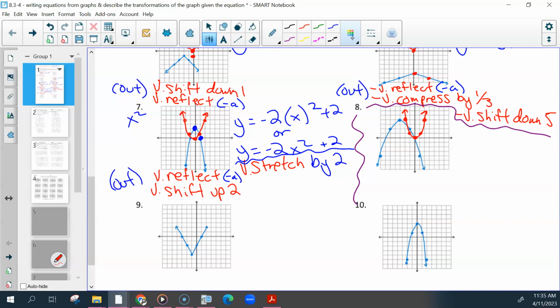What changed from our original to the one that's given? Did it move left or right? Did it move up or down? Is it facing the same direction as the original?